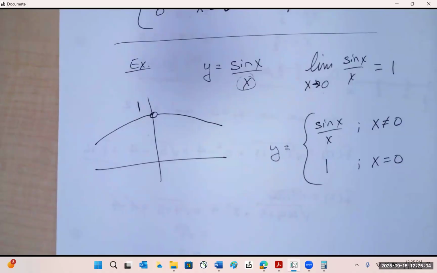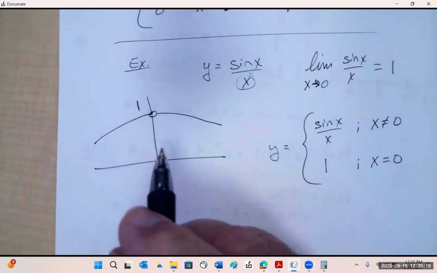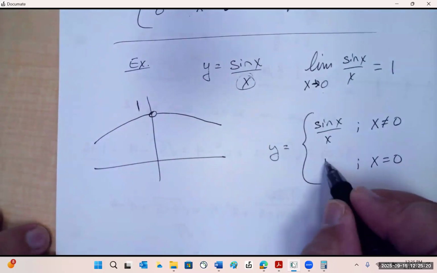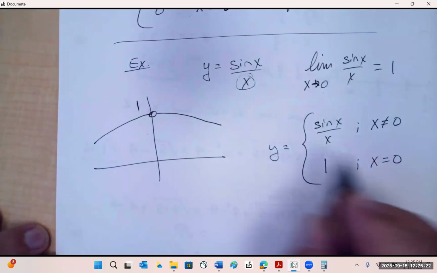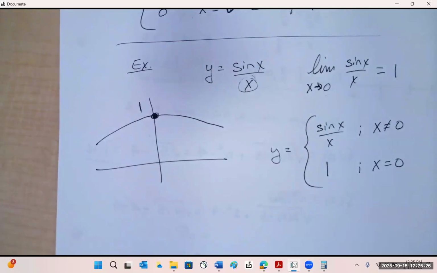That is the whole purpose. Even though there's a hole there, the limit exists, but it's not a continuous function. We define it when x equals 0, y equals 1, so now it's a continuous function.